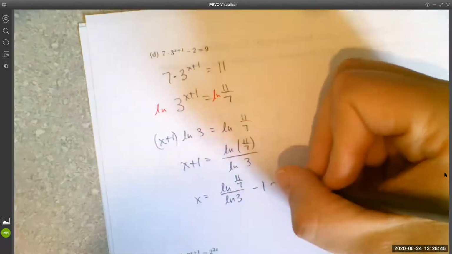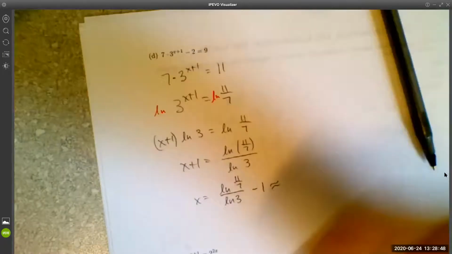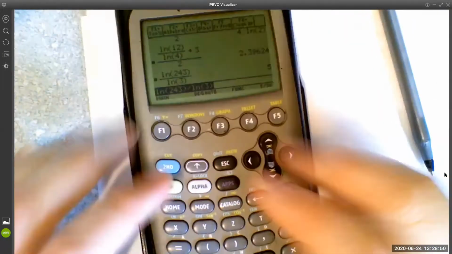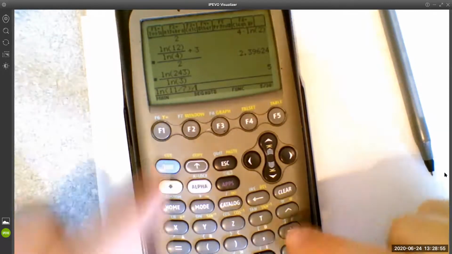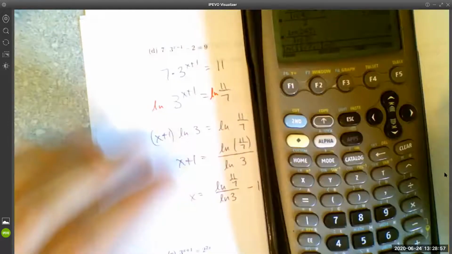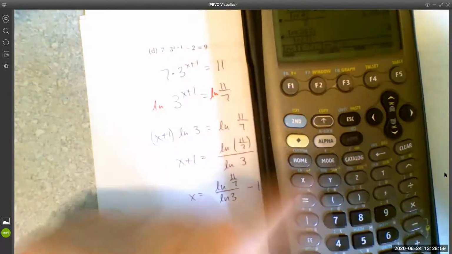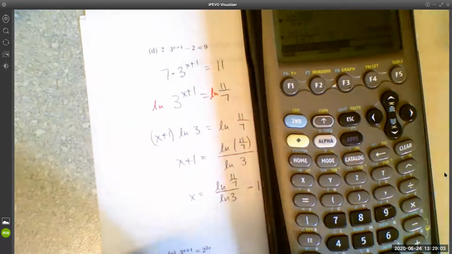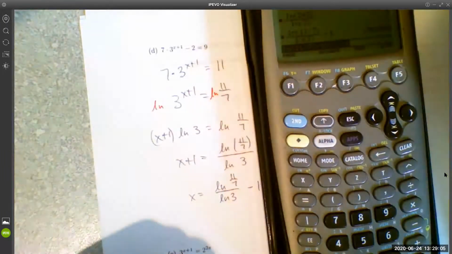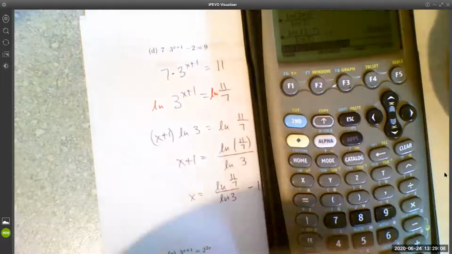To see how much this is, you can punch it into your calculator. So ln of 11 over 7 divided by ln of 3 minus 1 is negative 0.589. Right?